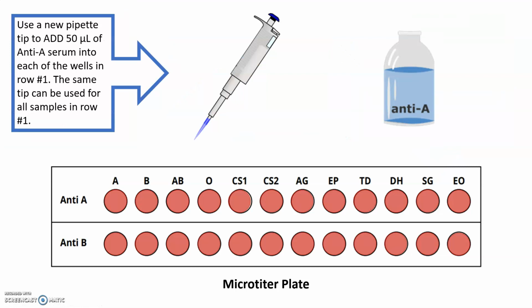So then use a new pipette tip to add 50 milliliters of anti-A serum into the wells in each row. The same tip can be used for all samples in row number 1.